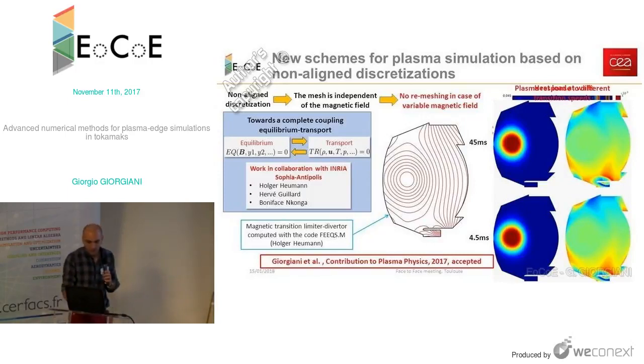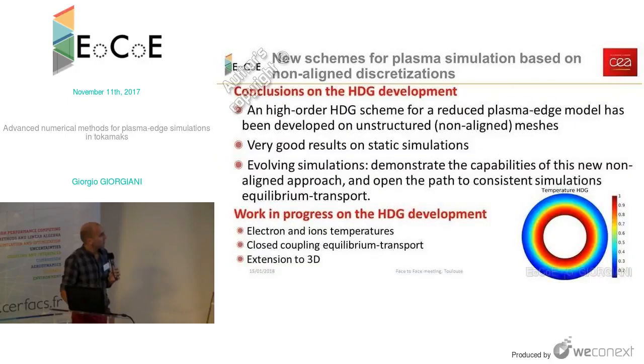We have written a paper also on this subject. To conclude this part, we have developed an HDG scheme, a high-order scheme for a reduced plasma model that works on non-structured grids. We have very good results on static simulations, and we also show that we can compute evolving simulations that open the path to consistent simulation of equilibrium and transport.